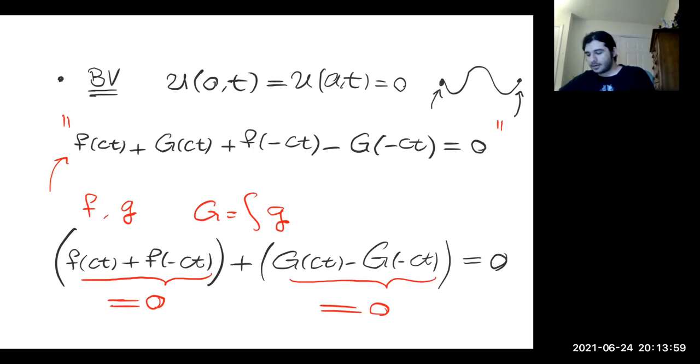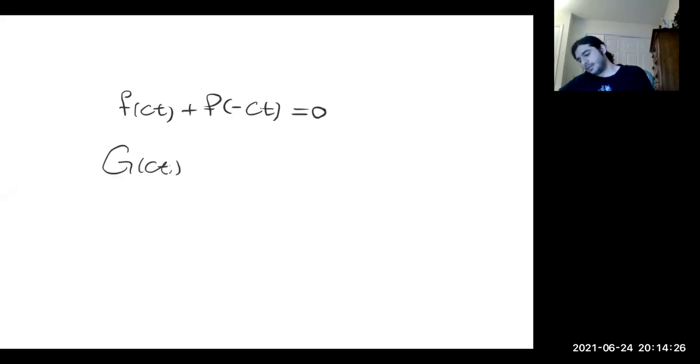Let's call this one equation number 1. Let's call this one equation number 2. Let me rewrite the equations here. f of ct plus f of minus ct should be equal to 0. g of ct minus g of minus ct should be equal to 0.